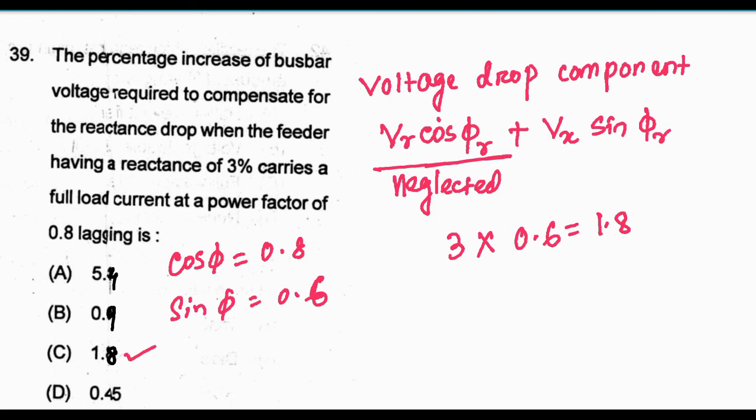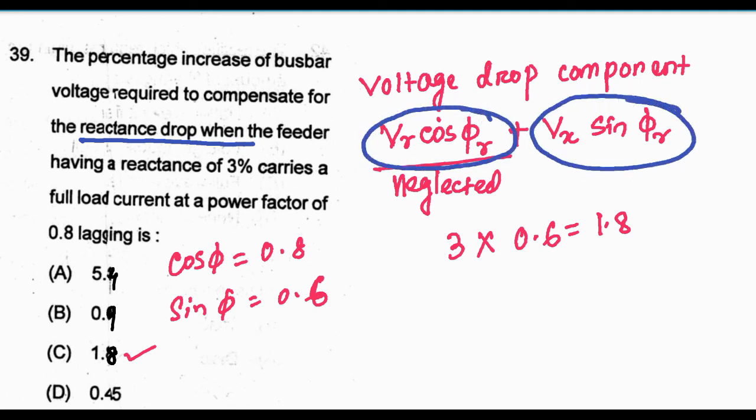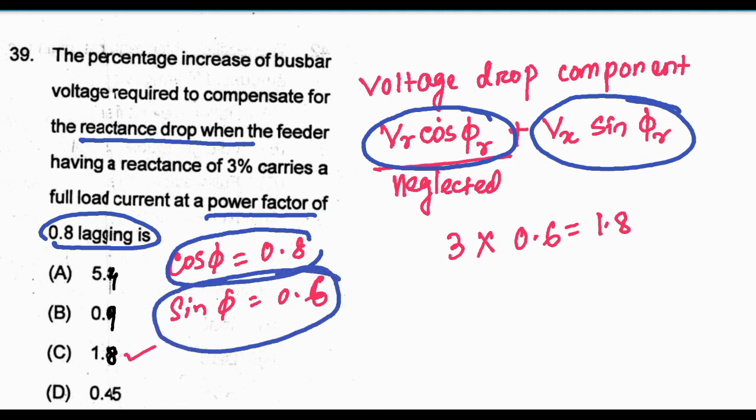This part is the resistance drop and this part is the reactance drop. Here only the reactance drop is given, not the resistance drop. The power factor is 0.8 lagging, so cos phi is 0.8, sin phi will be 0.6, and the resistance part is neglected; only this part we have to find.